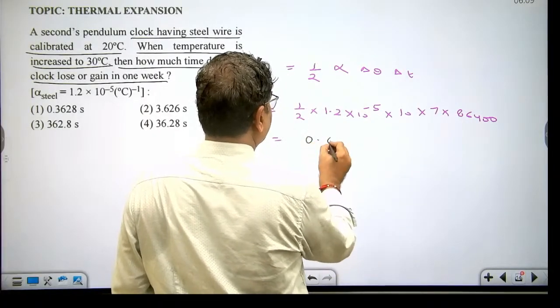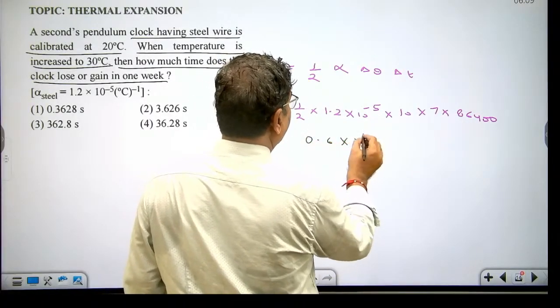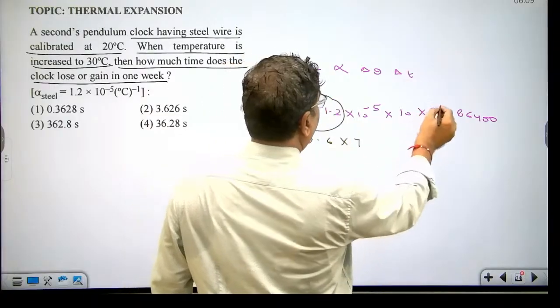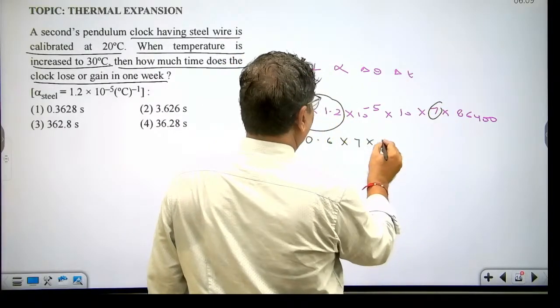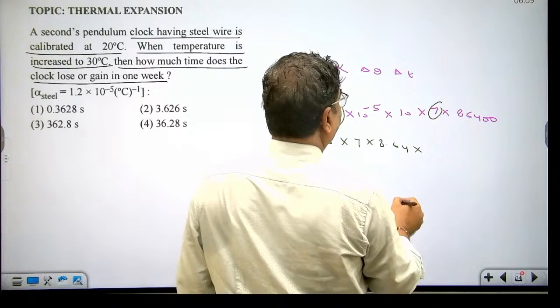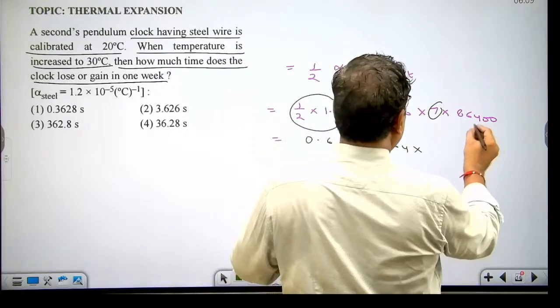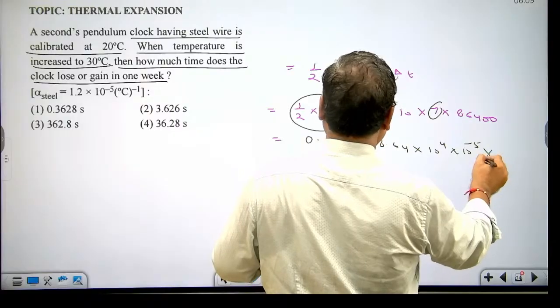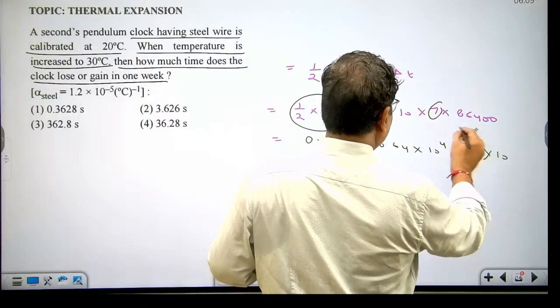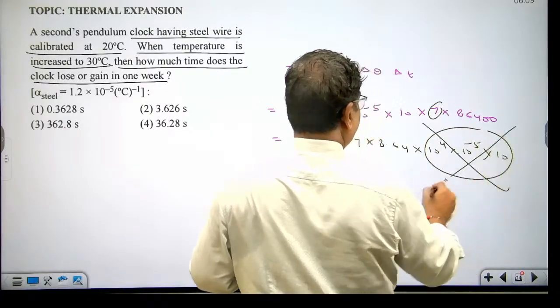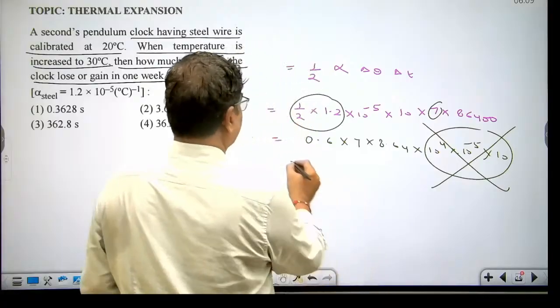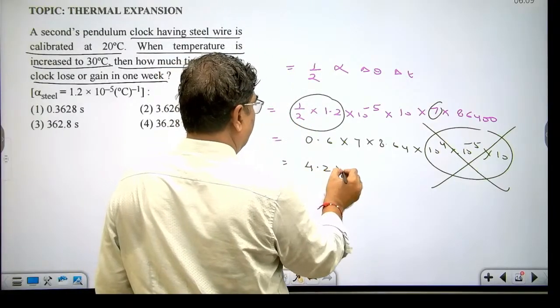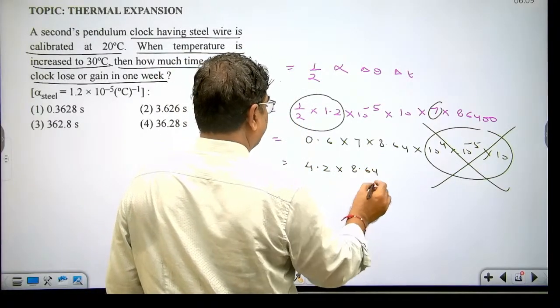After solving this, we get 0.6 into 7 into 8.64 into 10 power 4 into 10 power minus 5 into 10. So this complete figure gets cancelled. This is 4.2 and 8.64 seconds.